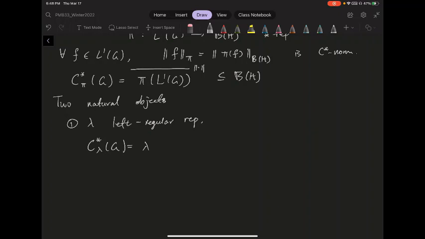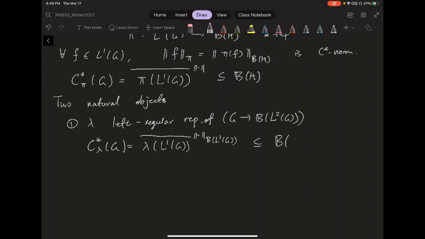Lambda is a map from G into the bounded linear operators on L2 of G. But as we saw, a unitary representation on this L2 of G can also be viewed as a star representation of your L1 of G. So you take lambda, you take the image of L1 of G, and you close it up in the norm sitting inside the bounded linear operators on L2 of G. That way you get a C star algebra.